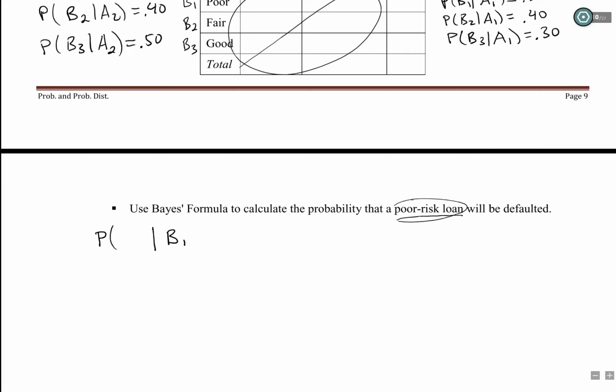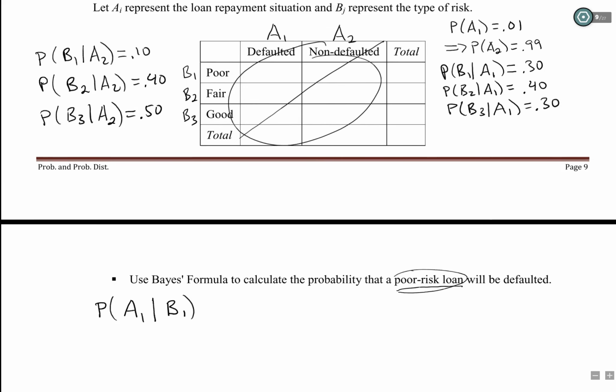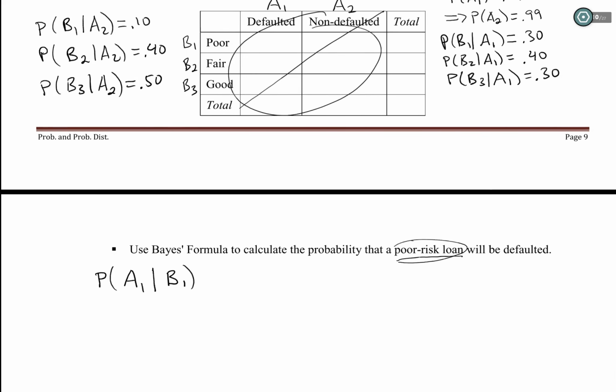So given event B1, that's why I have that after the given bar, what is the probability of A1, or the probability of default? That's the kind of probability that a banker would want, right? So we want to handle the probability of A1 given B1.